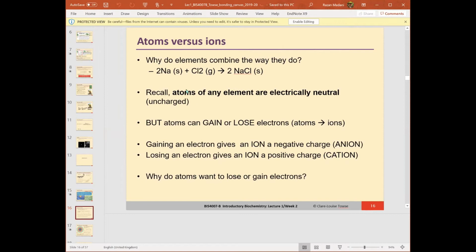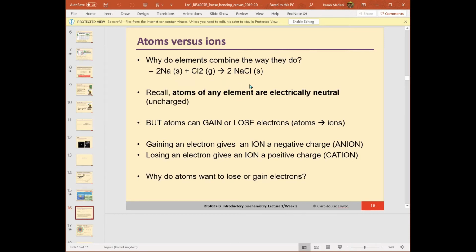So recall any atoms of any elements are electrically neutral, as we said. For example, the ions that we formed should be charged with a +1 or a -1, right? But before, they were neutral. Do we agree? So Na was a neutral one.